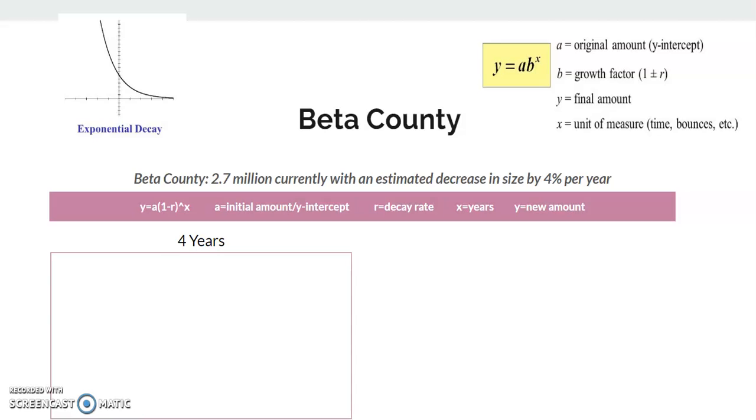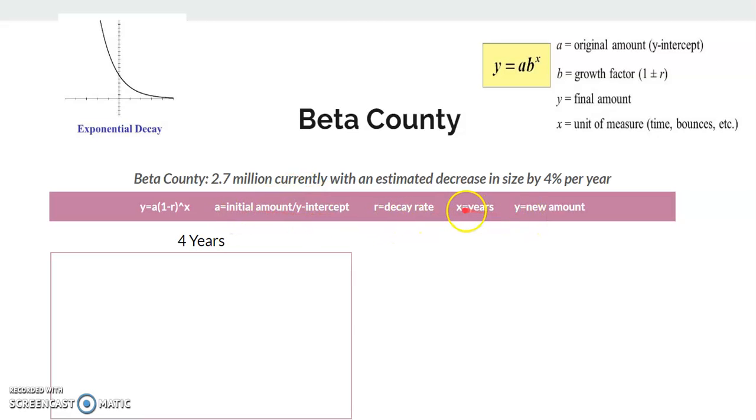Okay, Beta County has 2.7 million currently, with an estimated decrease in size by 4% per year. Now that 4% per year tells me that this is going to be an exponential function, and it's going to be decaying. So we're going to have a graph that looks something like this. That's kind of general, and we can use this formula right here to solve.